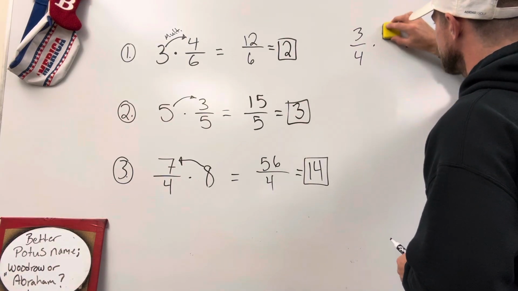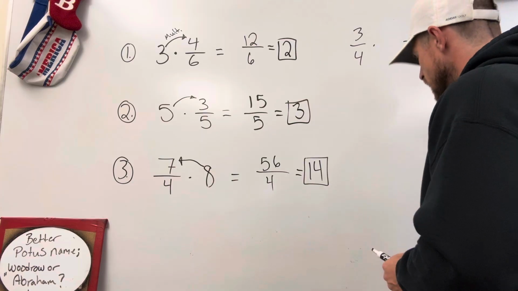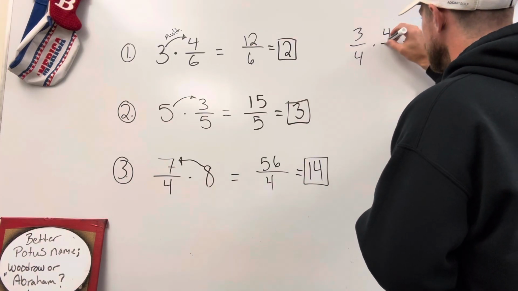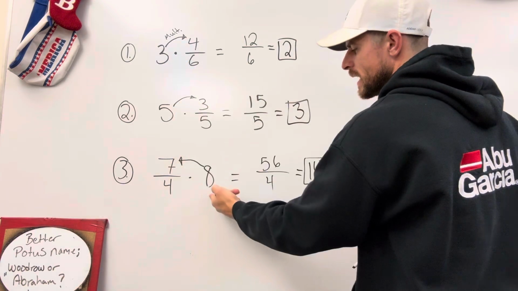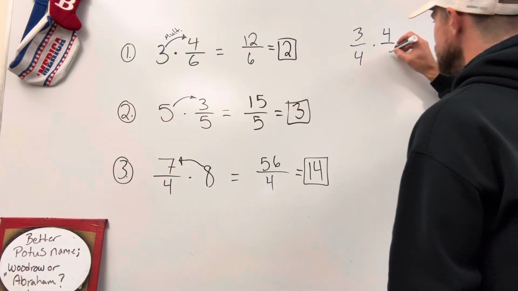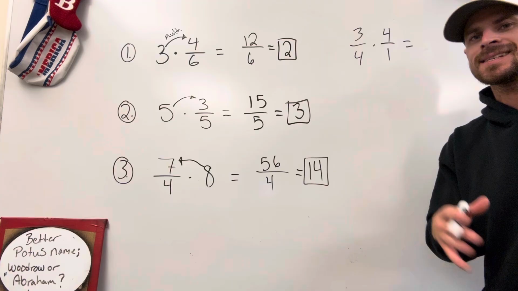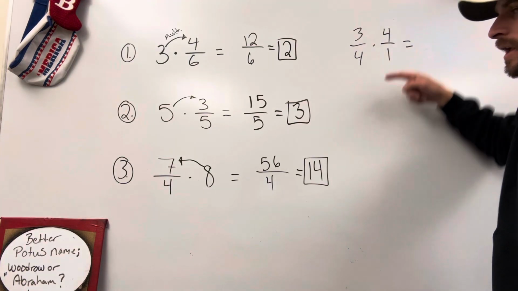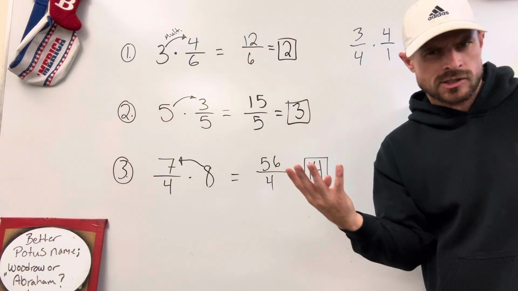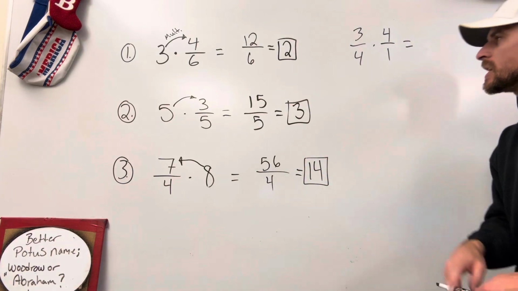So I could take 4, erase it, put 4 on top, and whenever you're taking a whole number like 5 or 3 or 8, all you need to do is put a 1 underneath it. It's the same exact value, right? 4 divided by 1 is 4. Doesn't change it at all. Dividing by 1 does not change the value.